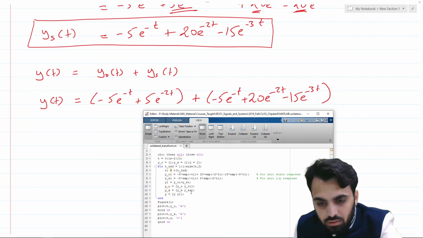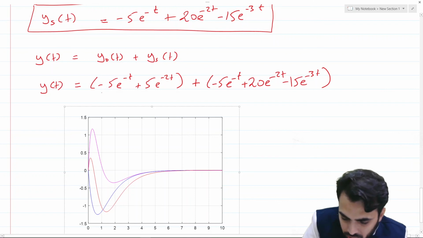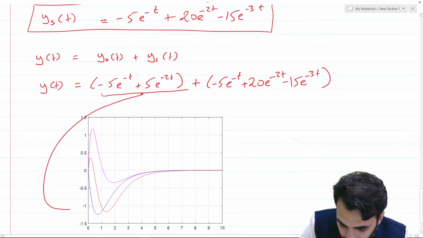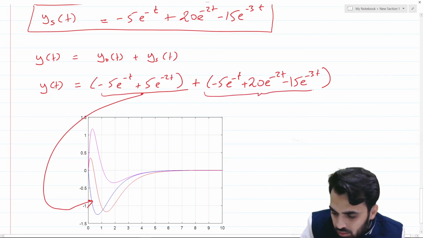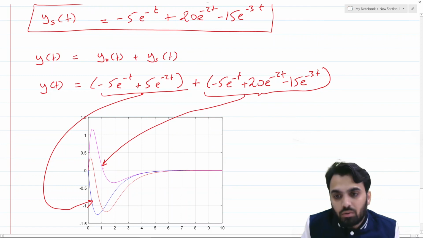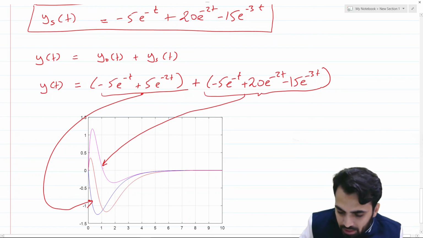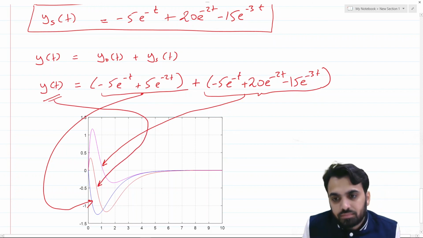So let us plot this function. In the plot, this is our zero input response, this is our zero state response, and the addition of these two is our total response, indicated by the red plot.